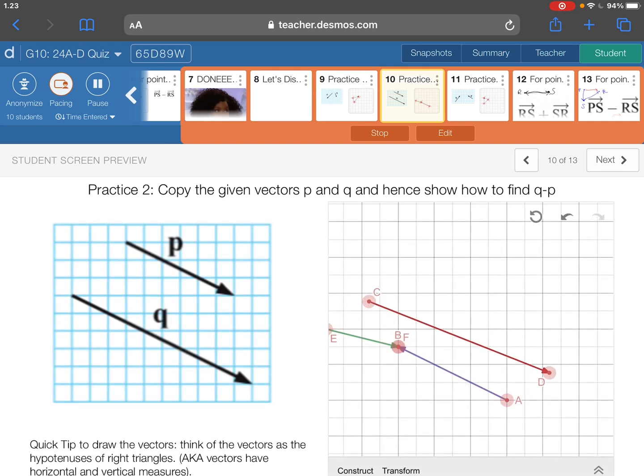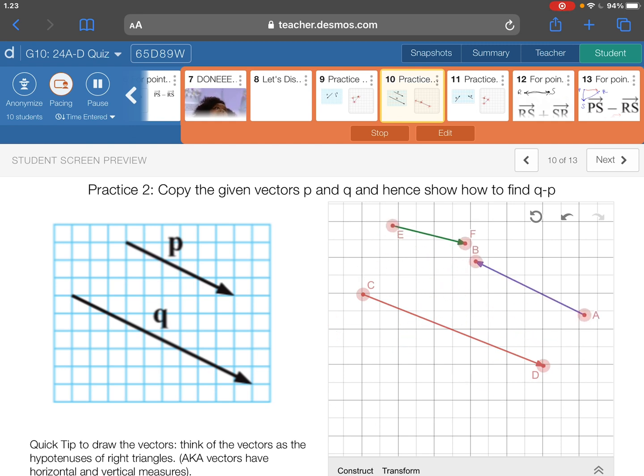Alright, so the next one. I'm going to change positions here so you guys can see. It says Q minus P again, but now Q looks like that, pointing towards southeast. So 1, 2, 3, 4, 5 vertically. Okay, I see why you guys are saying there are some errors.